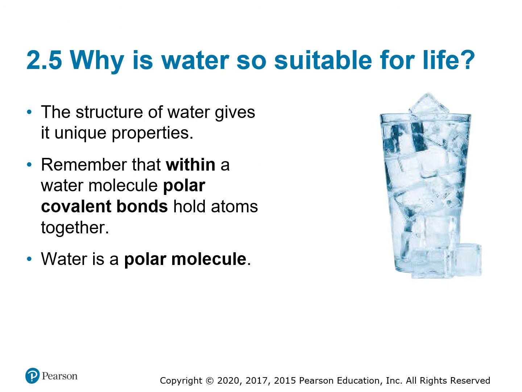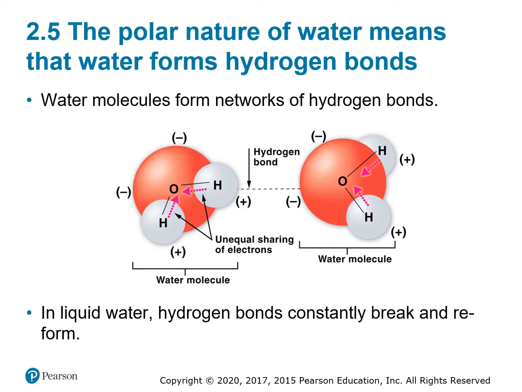So water is so suitable for living things because it has within its molecule covalent bonds, and then between water molecules, they are held together by hydrogen bonds. These hydrogen bonds constantly break and reform, which gives water its flexibility.